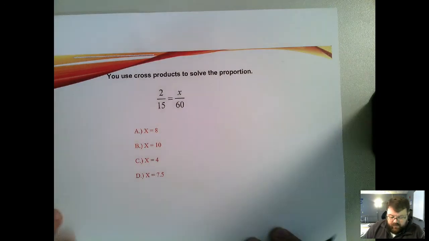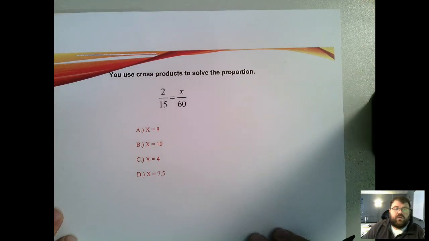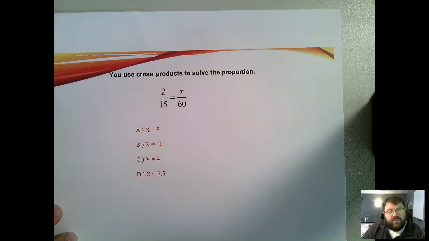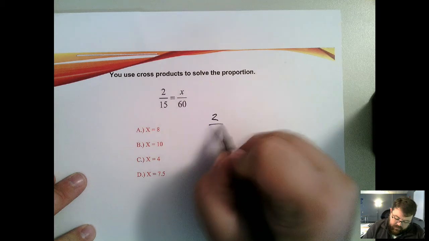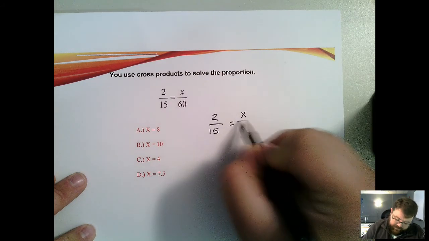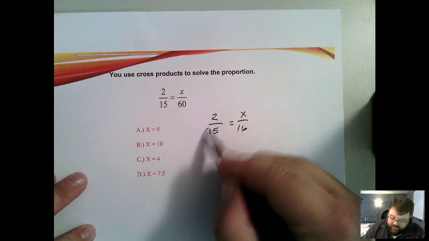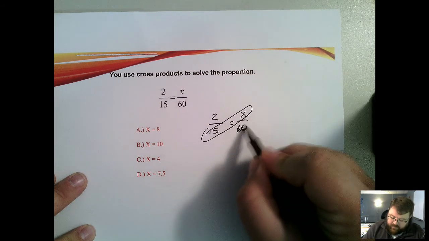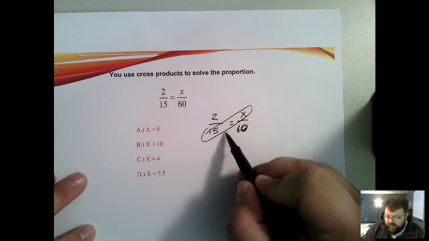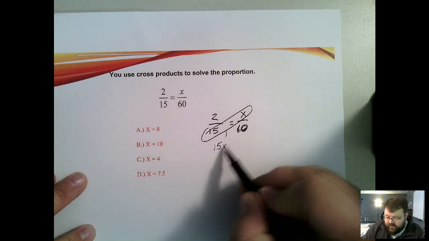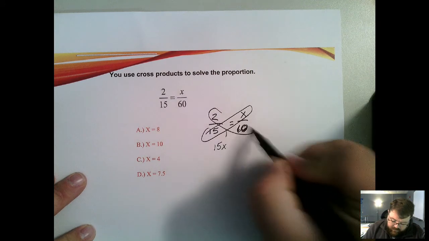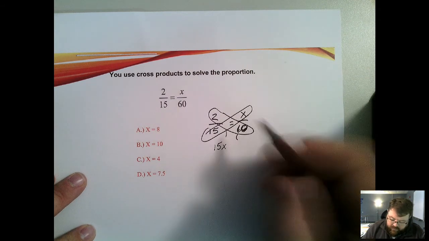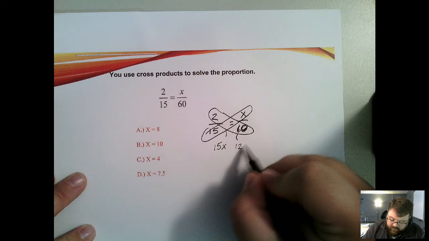For this one, use cross products to solve. You can use scale factor if you want. Pause the video, answer the question. So for this one, I'm going to rewrite it over here. I've got, copy this down, it should be 60. 15 times x is 15x. 2 times 60 is going to be 120.